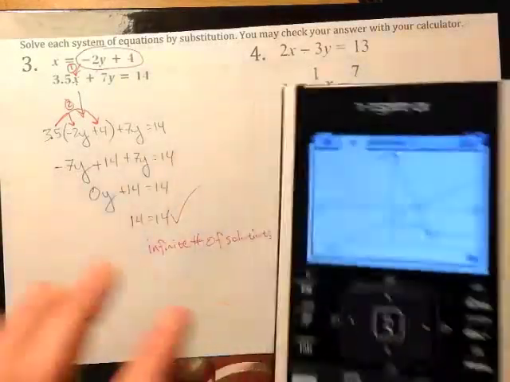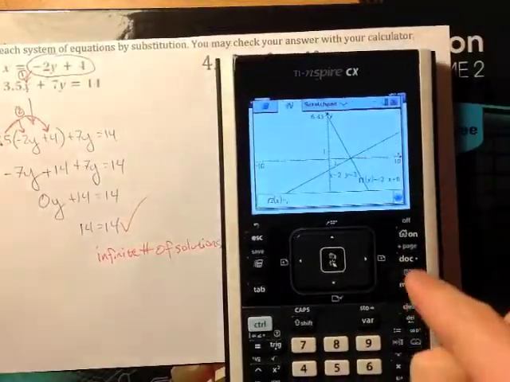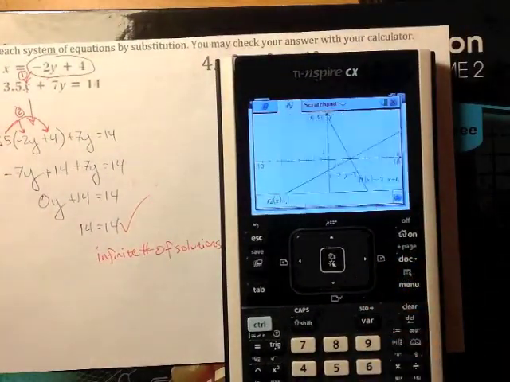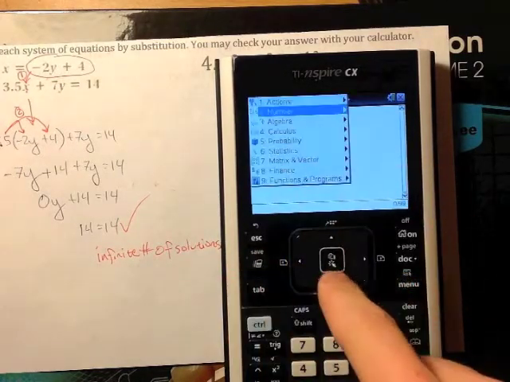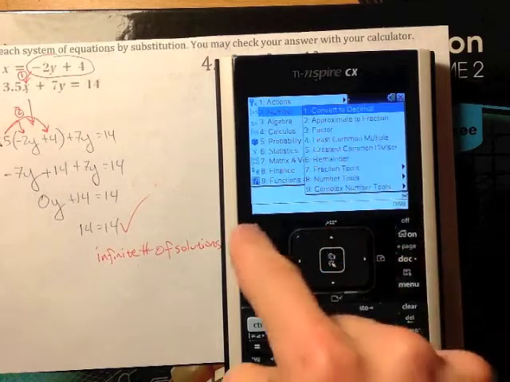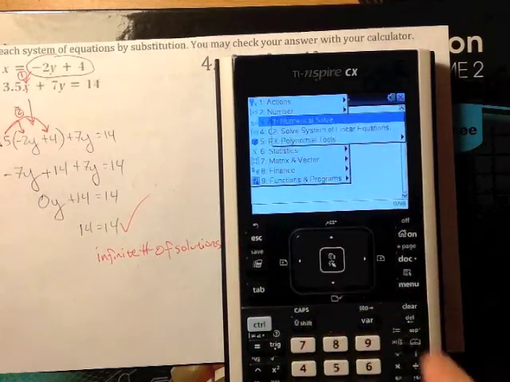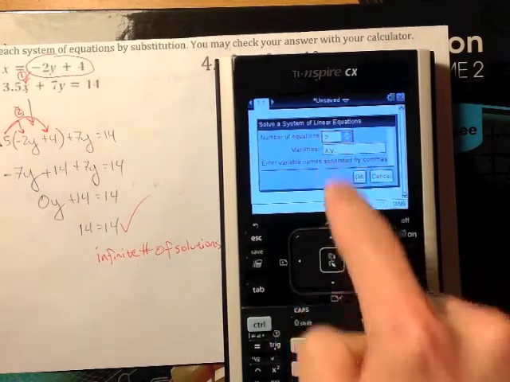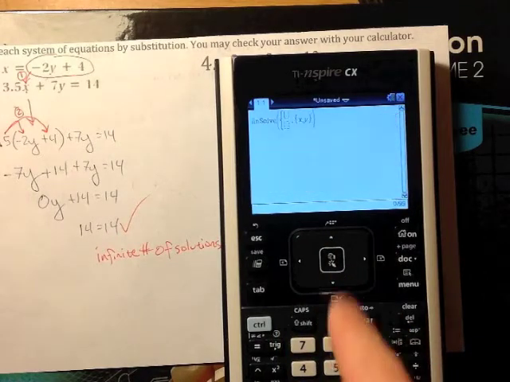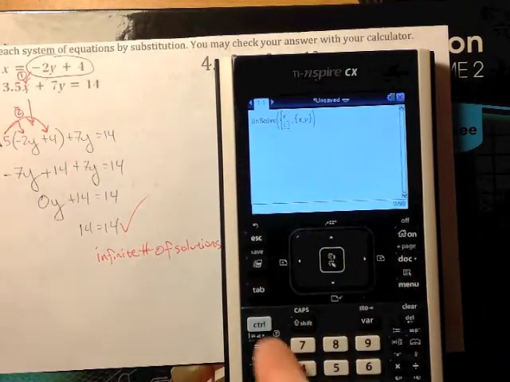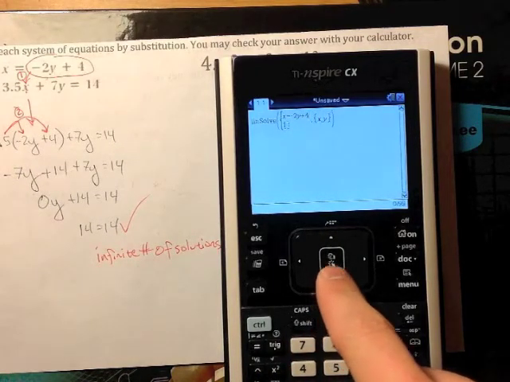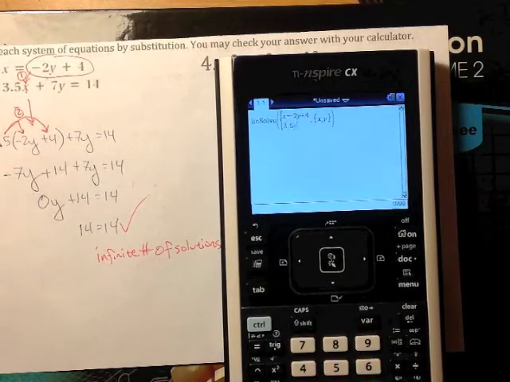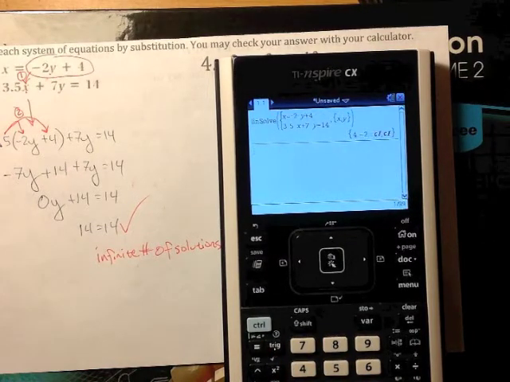Now let's try to solve this system of equations in the calculator using what I just showed you. We're going to go to menu, Algebra, solve systems of linear equations, 2xy, perfect. Now let's see what the calculator is going to tell us when I try to plug in this system of equations. 3.5 times x plus 7y equals 14, enter.